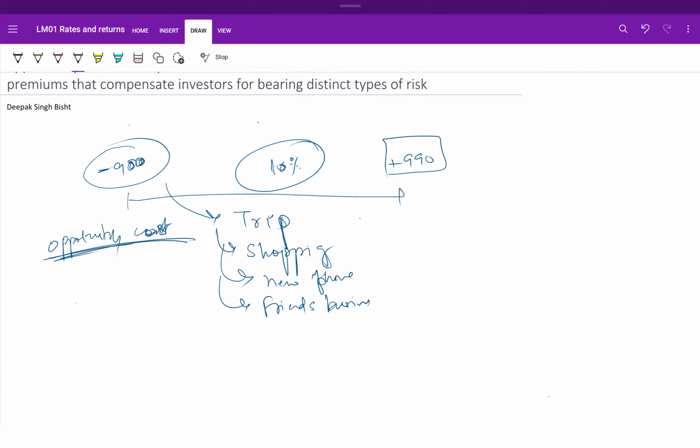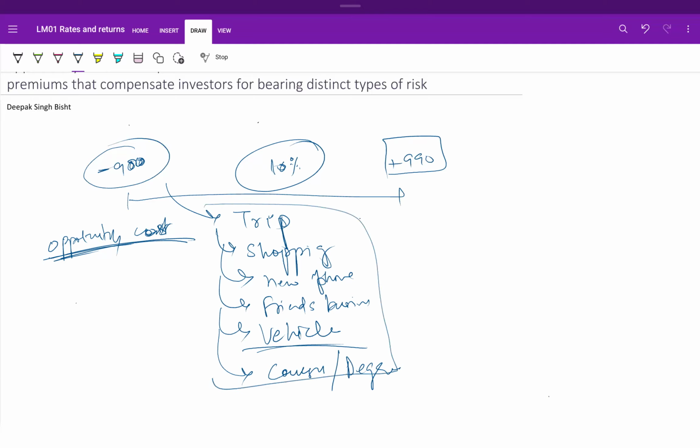You were planning to buy a vehicle, maybe for $900. Or maybe you wanted to update yourself, do some course or degree or diploma, but you forewent all these opportunities and invested this money.